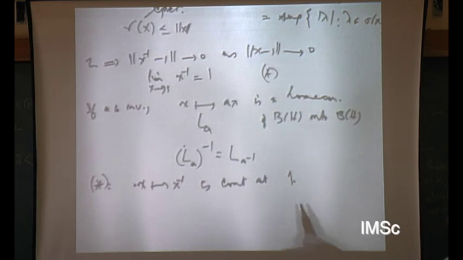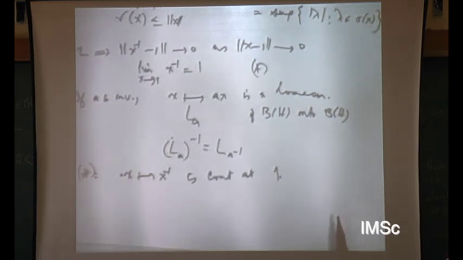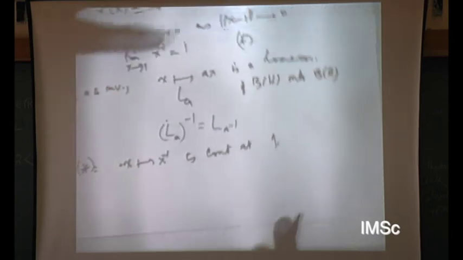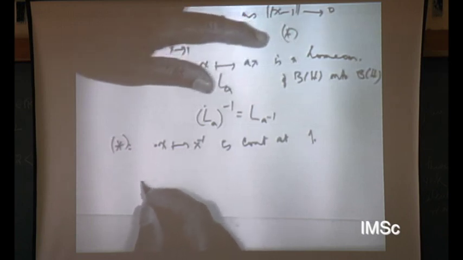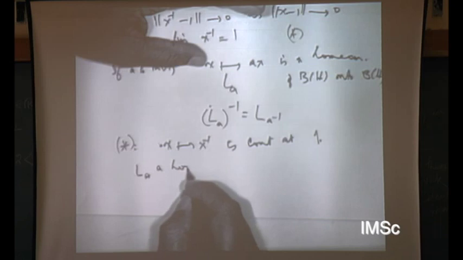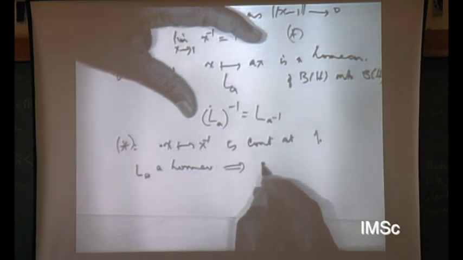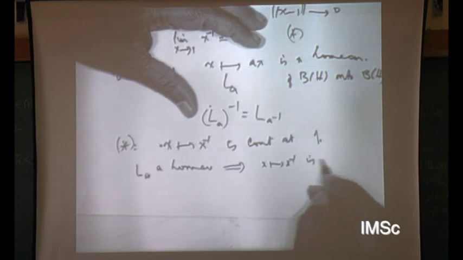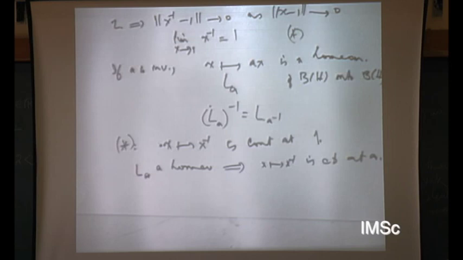So if you compose this inversion mapping with L_A, the homeomorphism, it implies that this is continuous at A. If A_n goes to A, then you want to say A_n inverse goes to A inverse.